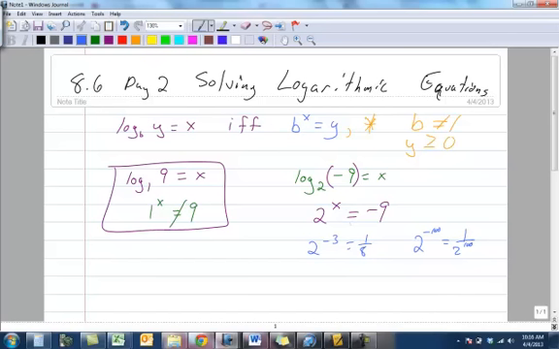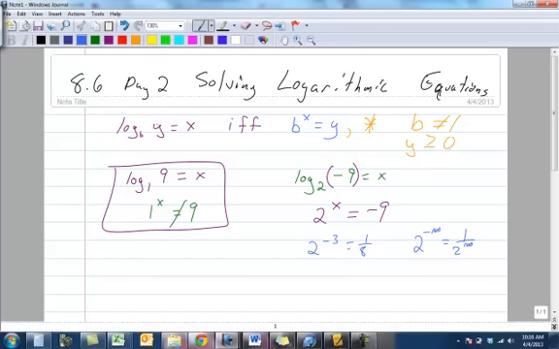So the moral of the story is that an exponent will never make 2 be a negative number. We would have to multiply it by a negative number. So that's why y has got to be greater than or equal to 0, or y cannot be negative.